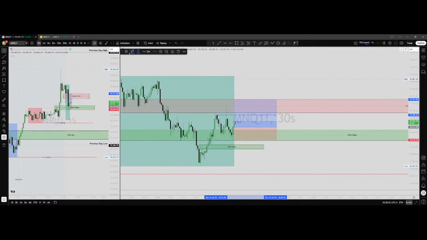I'm looking for this level as a break-even point. This also becomes a good level for break-even point.